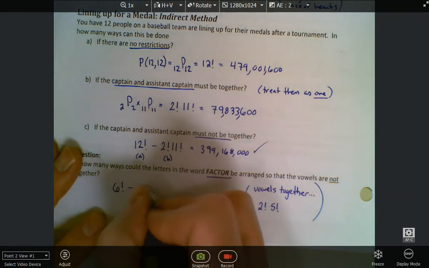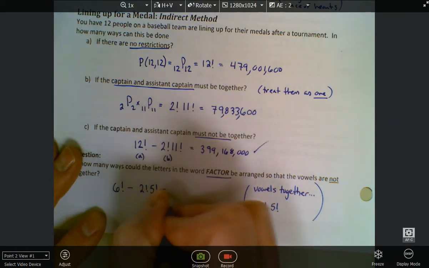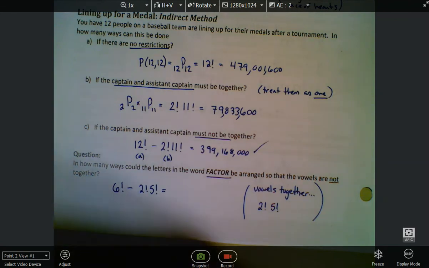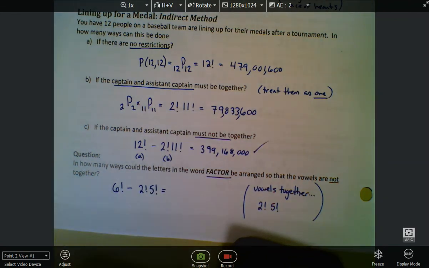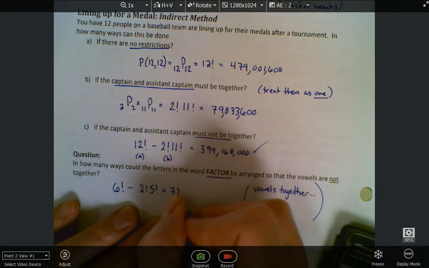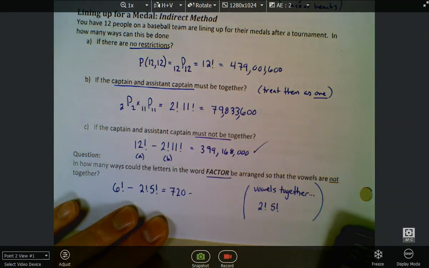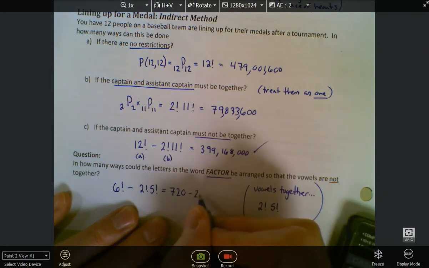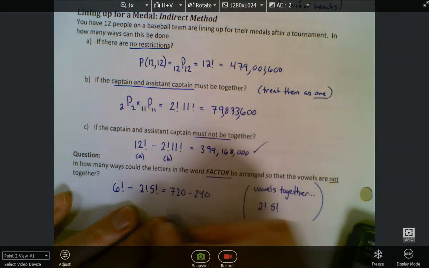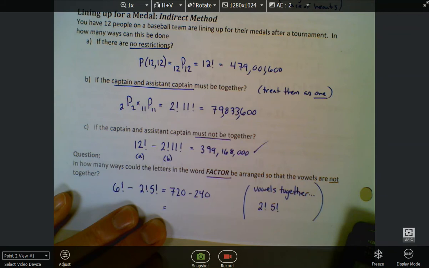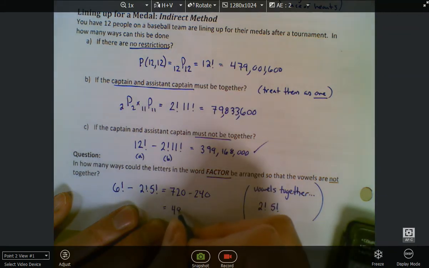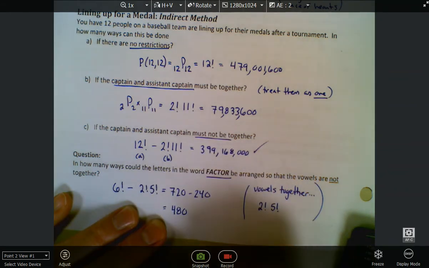So if we subtract off when they are together, then we get when they're not together. And again, putting that into your calculator, it's 720 for the total number of arrangements, less the 240 when they are together, gives us 480 where they are not together.